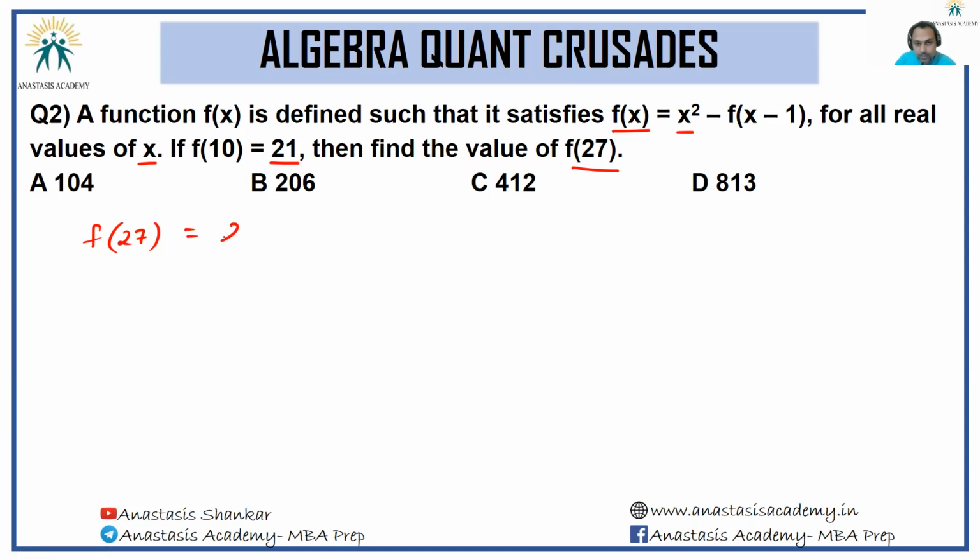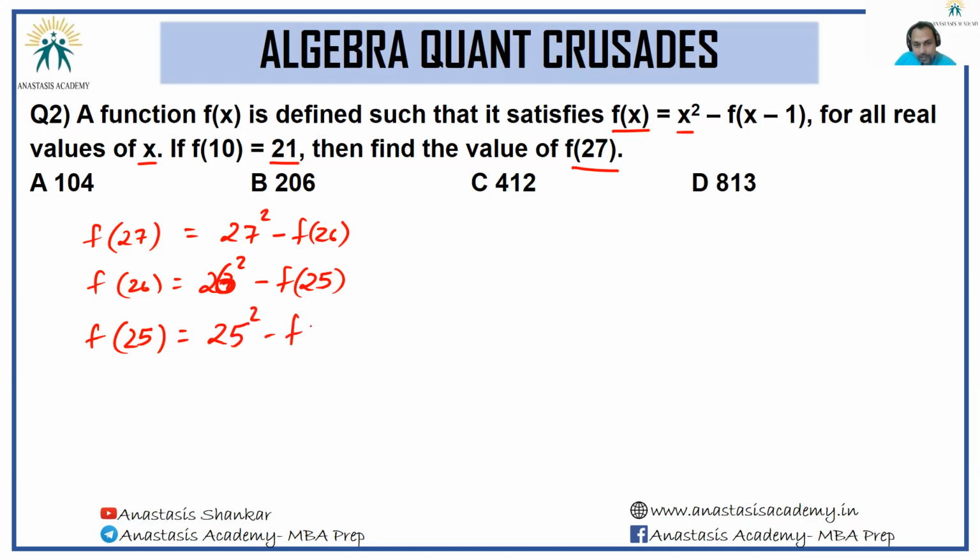f(27) is equal to 27 square minus f of 26. If I try to write down f of 26, sorry, it is 26 square minus f of 25. If I try to write down f of 25, this is equal to 25 square minus f of 24.